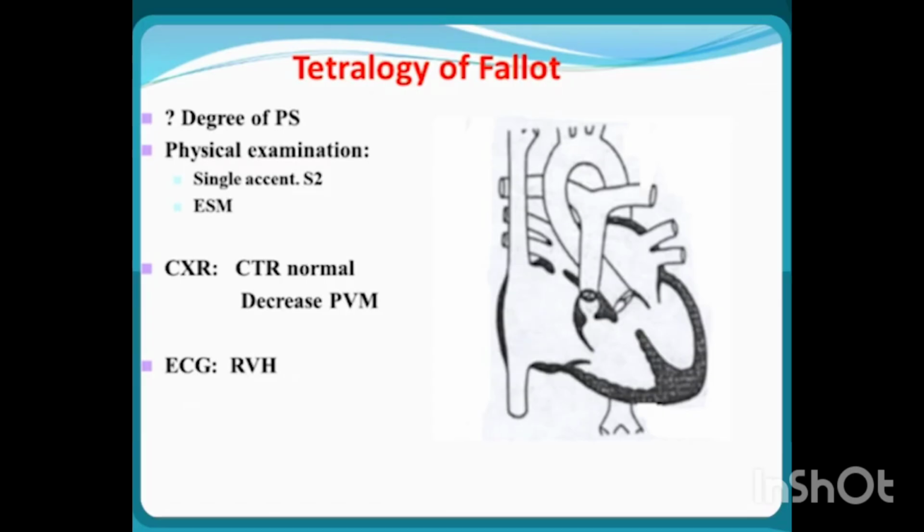Looking at the different anomalies individually, in TOF, tetralogy of Fallot, symptomatology depends on the degree of the pulmonary stenosis. On physical examination, we can see a single accentuated S2 and an ejection systolic murmur. In chest X-ray, CTR may be normal, and there is decreased pulmonary blood flow, or decreased Qp, on the X-ray. ECG shows right ventricular hypertrophy, right axis deviation, and early transition of the R wave from V1 to V2.